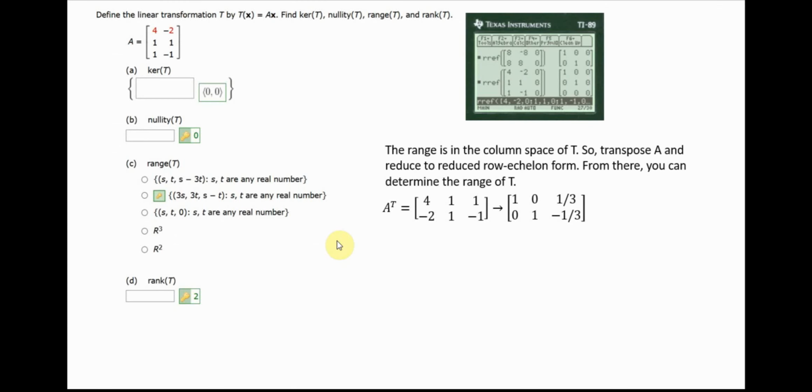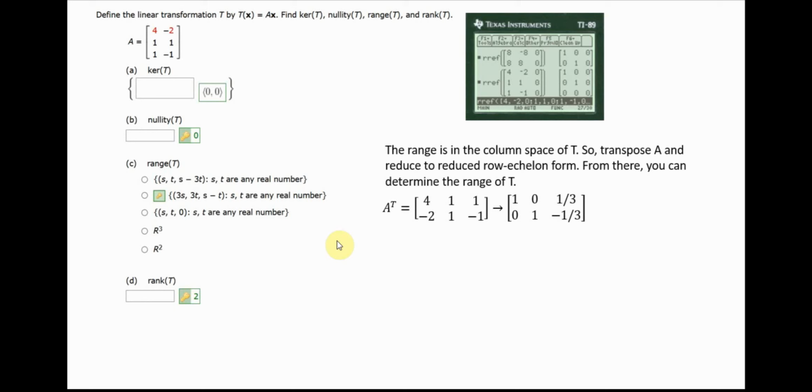For this particular problem, we are given a matrix A, which basically represents the transformation of T, so that T of x is equal to A times x. So to multiply the matrix A times a vector x gives us the transformation or the function. The result of the function we call the range.